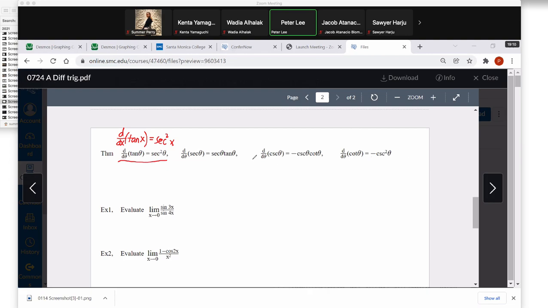And so on. Here I use the letter theta. When you have these kinds of functions, you have a theta here, a theta here, and a theta here. All it means is that these must match. Is that clear? Theta, theta, theta. It doesn't have to be theta.